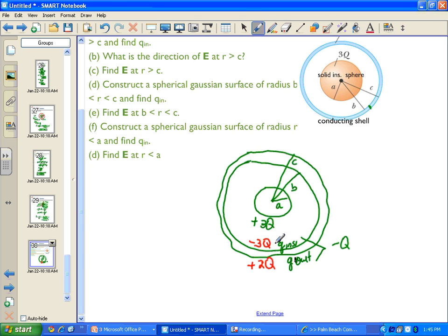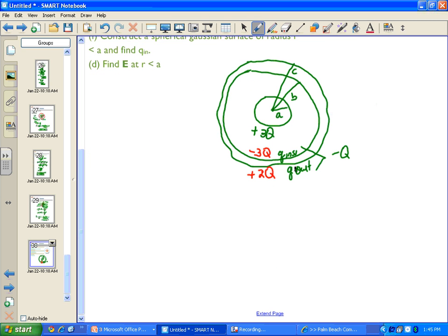Well, if we do the arithmetic, we know the total has to be minus Q, so there must be plus 2Q on the outer surface of the concentric conducting shell. Okay, so once we have reasoned this, we can proceed to answer the questions that have been put before us.